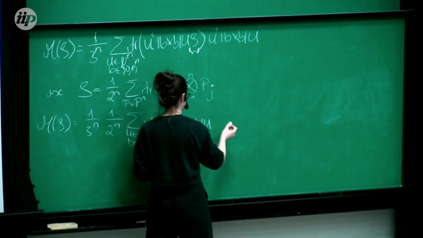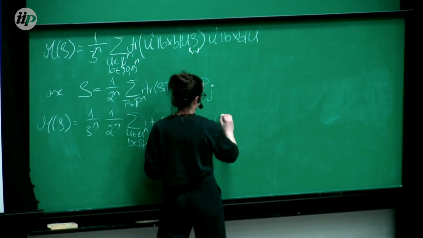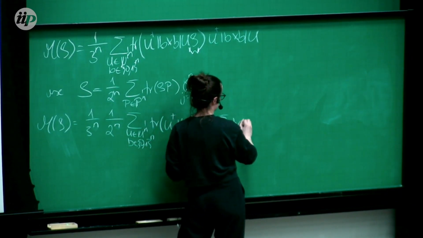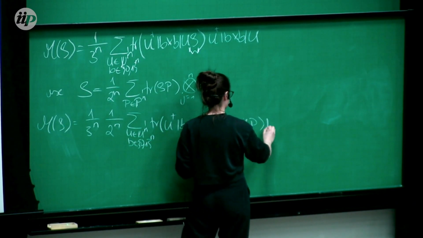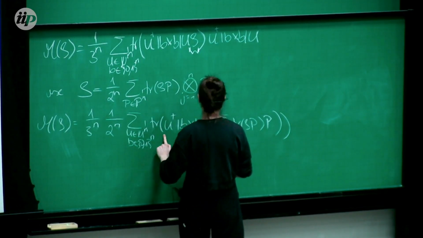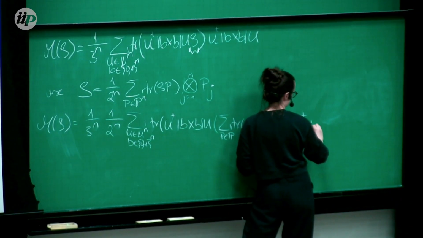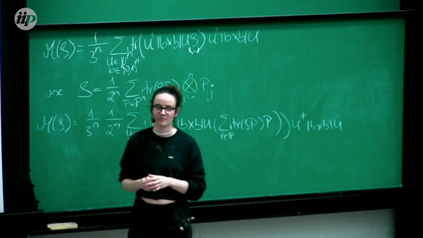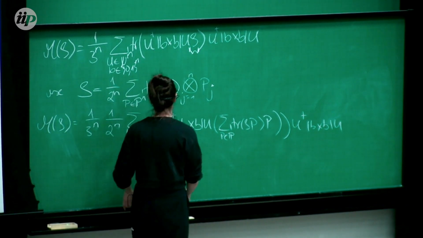And now we have the sum over all the Paulis. Another bracket. And now the projector |b><b|, U. I know it's a bit boring, but just keep with me a bit.